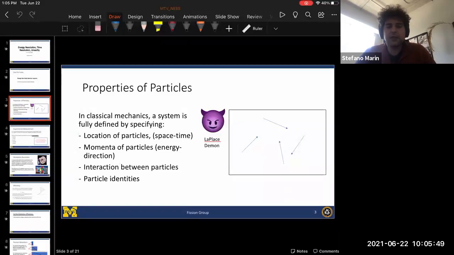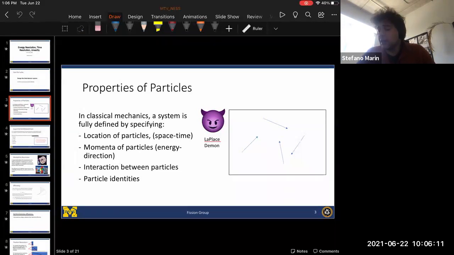There are only a few things that fully define a particle. First of all, we have to know what the particle is: whether it is an electron, a proton, a neutron, a neutrino, or maybe even a composite particle, like a nucleus.